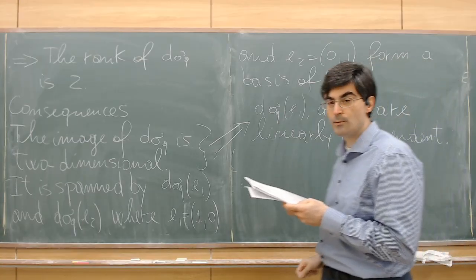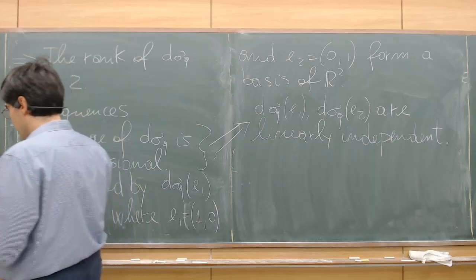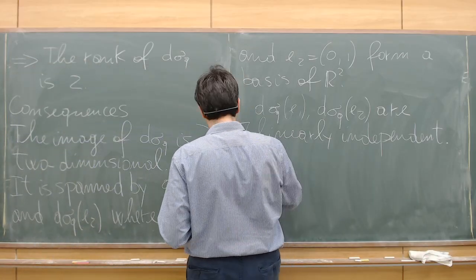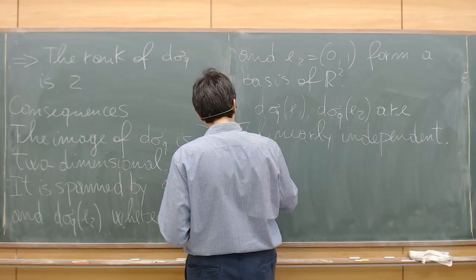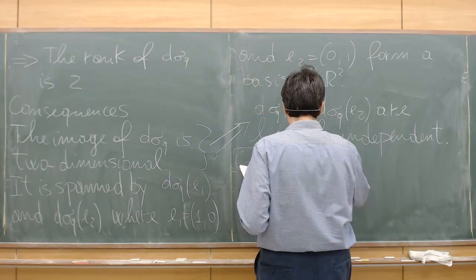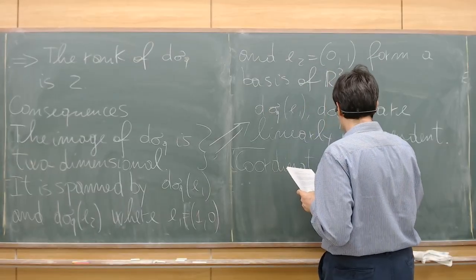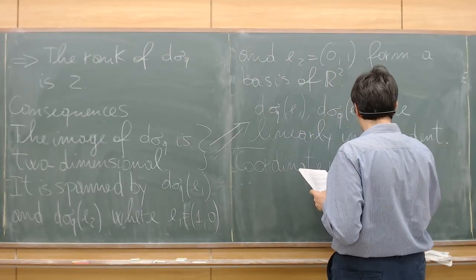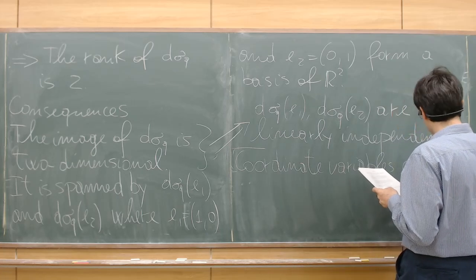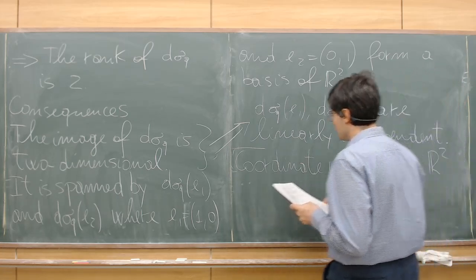Let's try to be more explicit. So suppose that the coordinate variables on R2 are u, v.